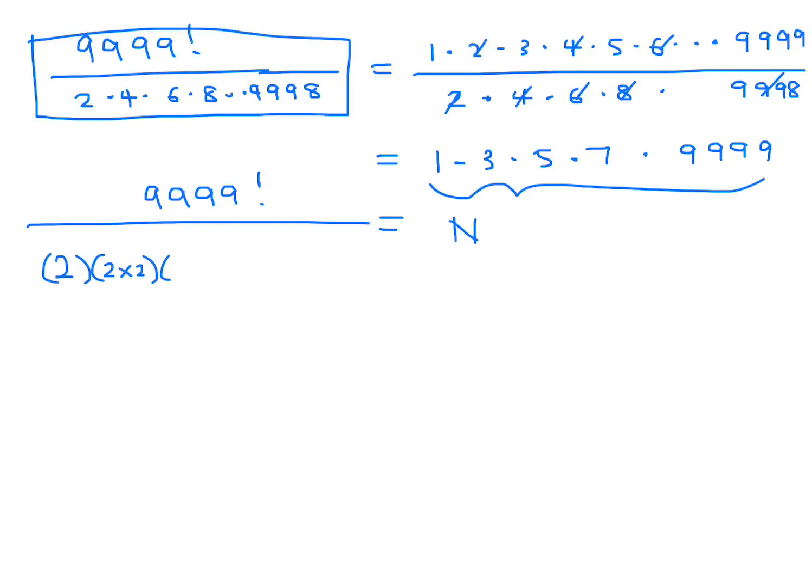And then 6 is 2 times 3. We've got brackets, so I put in the x's. 8 is 2 times 4, and so on. You'll have 2 times 5, all the way till the very last one, which is 2 times 4999. Okay? So that's your n.